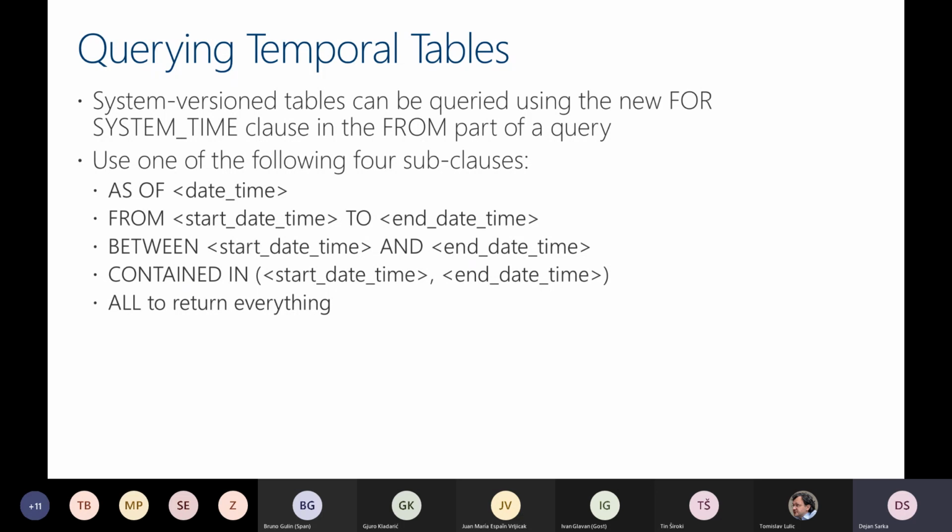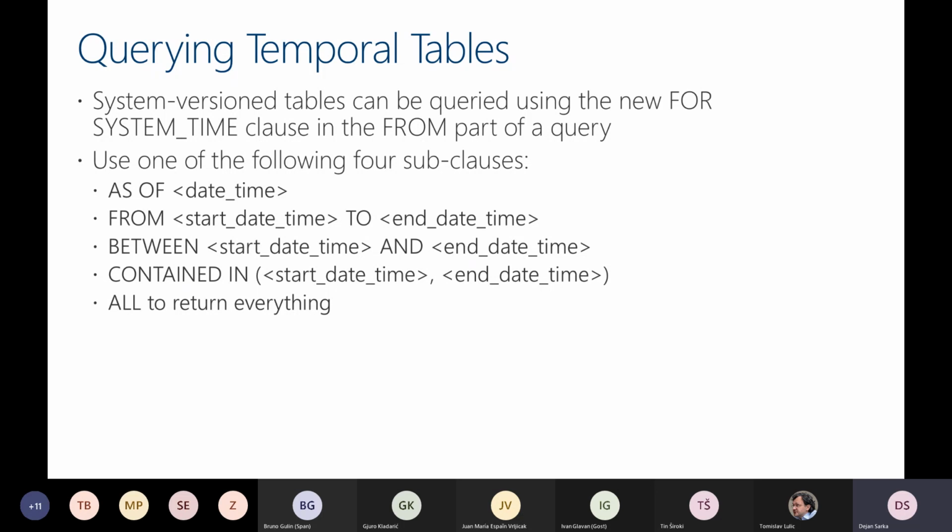The difference between FROM TO and BETWEEN is that FROM TO doesn't include the upper border, while BETWEEN is using a closed interval and also includes its end time. By the way, in these system version tables, the intervals, these periods from to, are open on the right side and closed on the left.